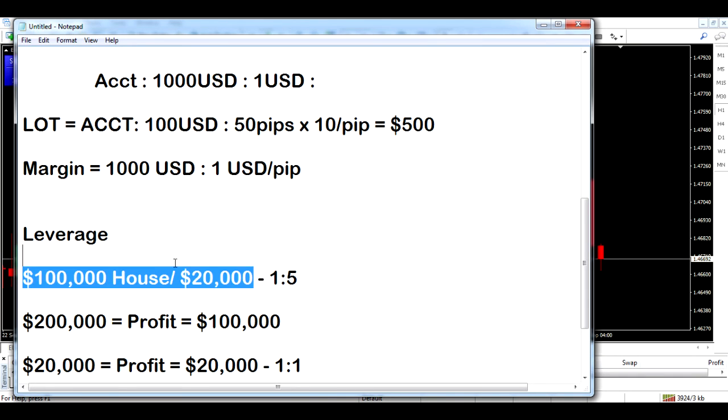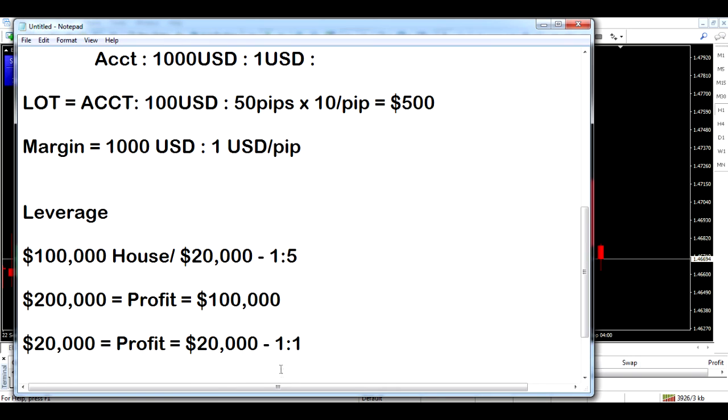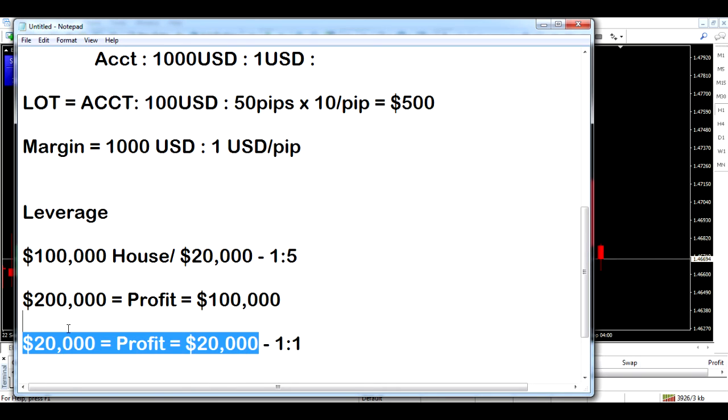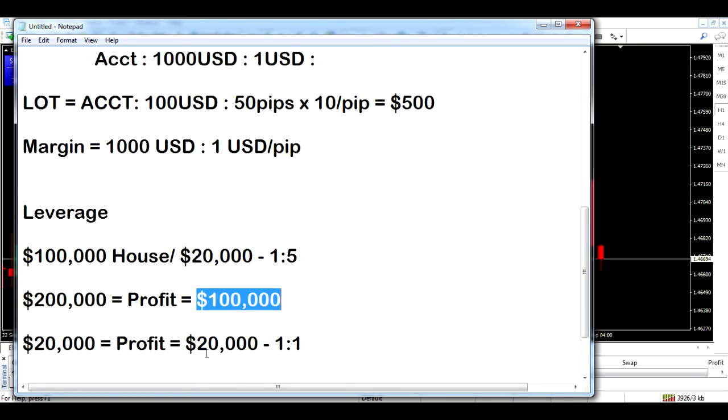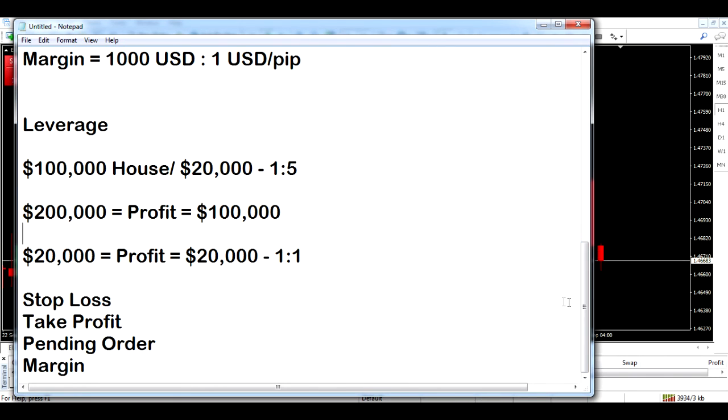Unlike when you don't have leverage, this has a big difference in your earnings. But leverage can also work against you. If your trades are wrong, you could be losing more than winning more. So that is basically how you define leverage.